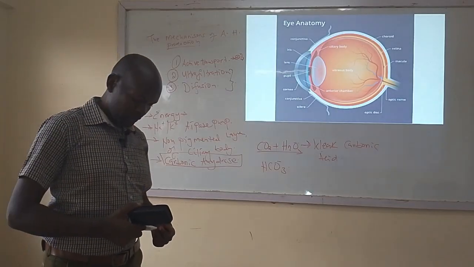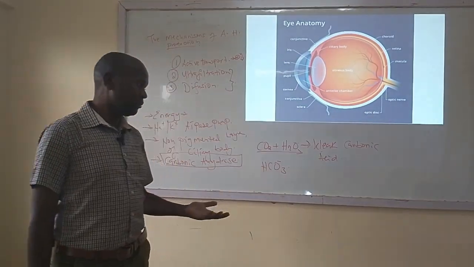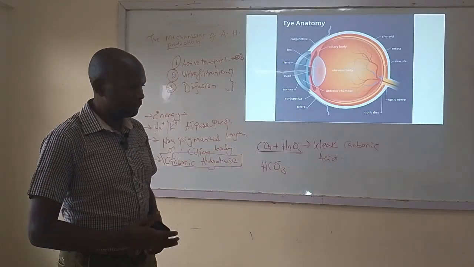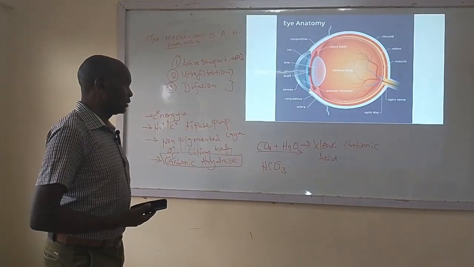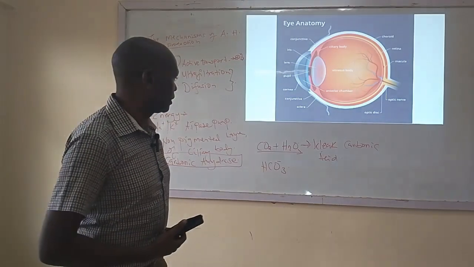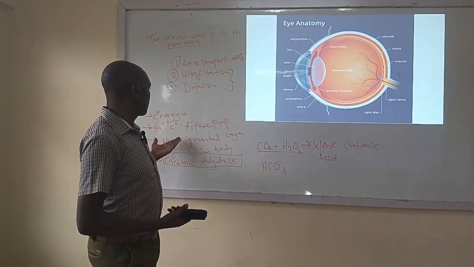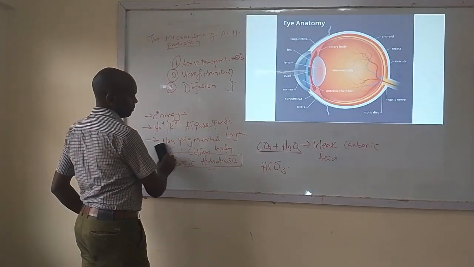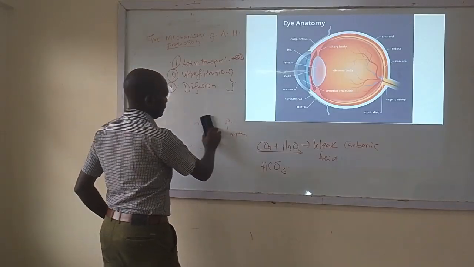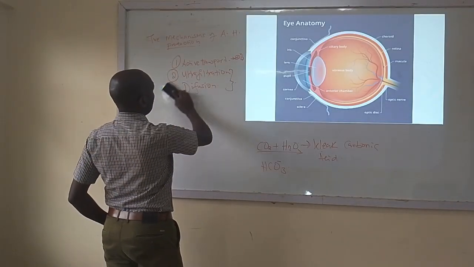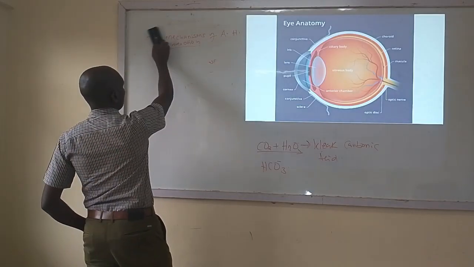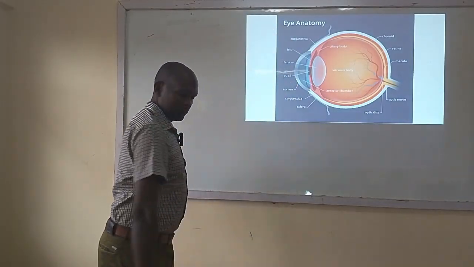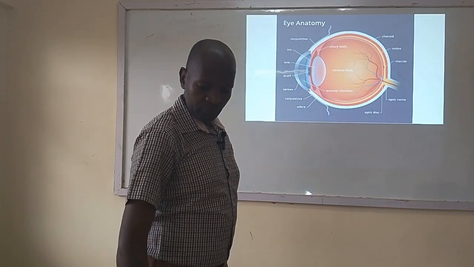And these bicarbonate ions are the ones that move into the posterior chamber using energy through this pump to create what we refer to as an osmotic pressure that will now pull water plus sodium and chloride into the posterior chamber to give us our aqueous humor. So that marks a short explanation on how our aqueous humor is produced. So let's proceed.